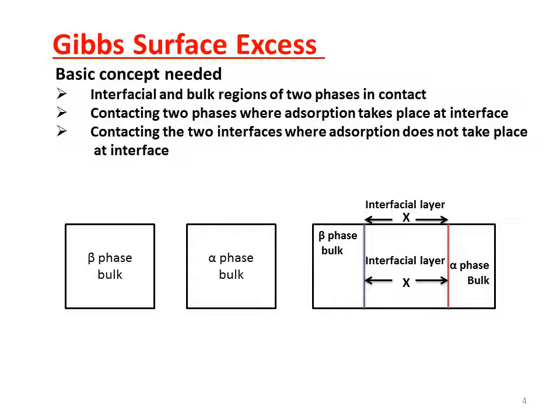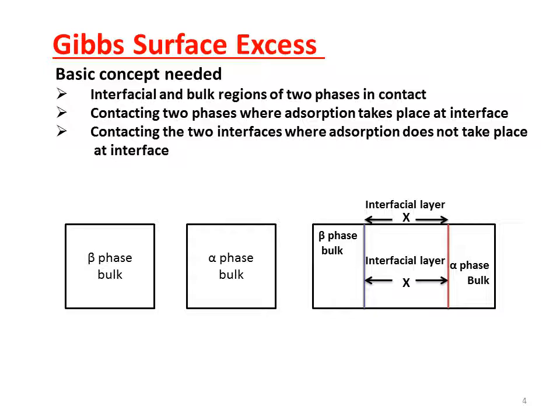Okay, we have three images. First is the beta phase bulk, and the other is the alpha phase. When these two phases are in contact, they form an interfacial layer. This interfacial layer has some thickness and lies in between the two phases.